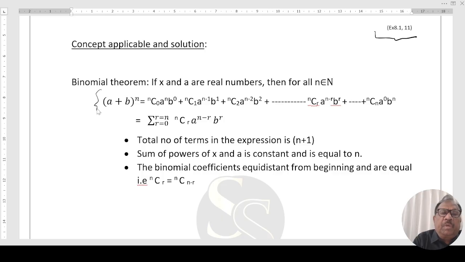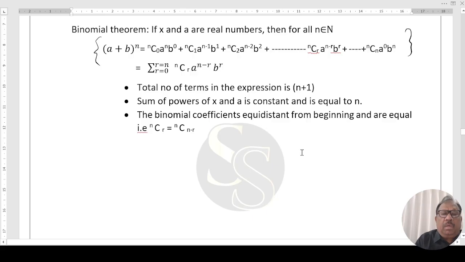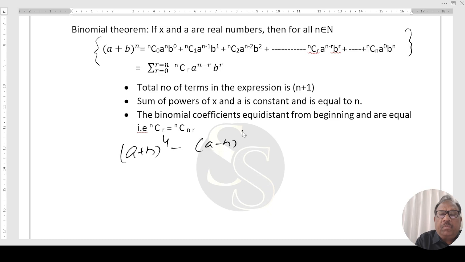You know (a+b)^n. Now in this case, (a+b)^4 − (a−b)^4.